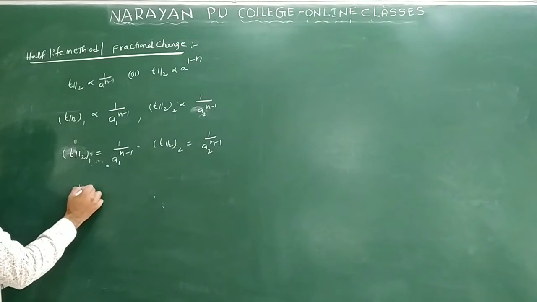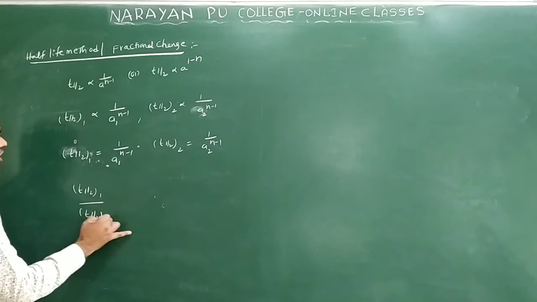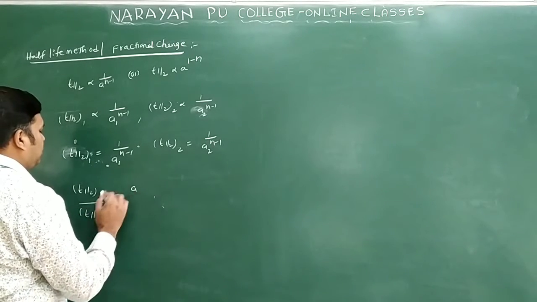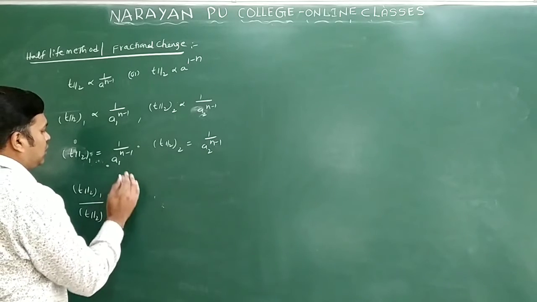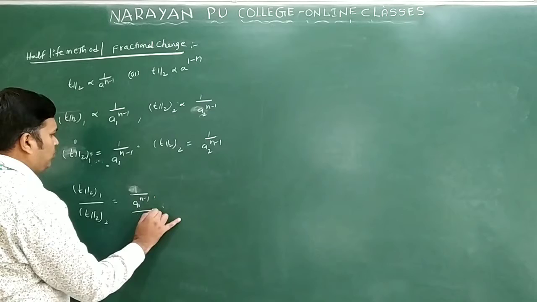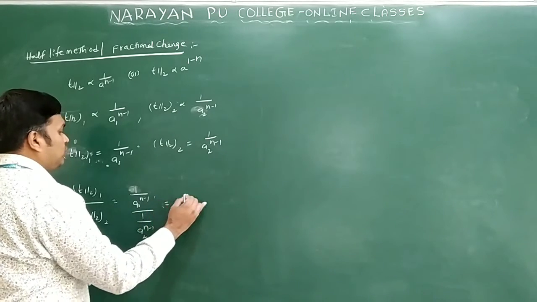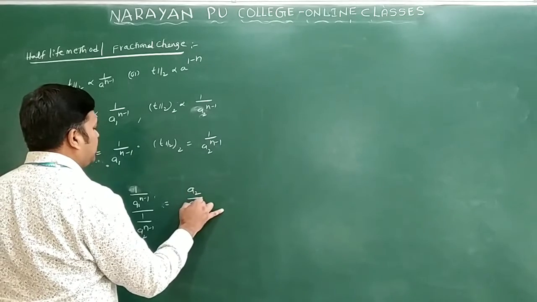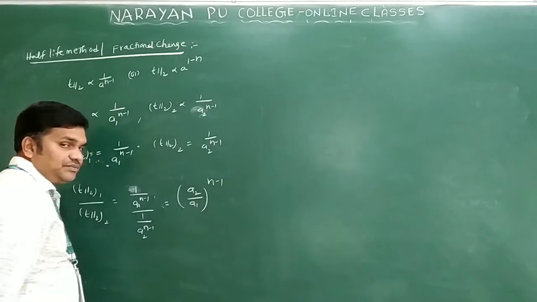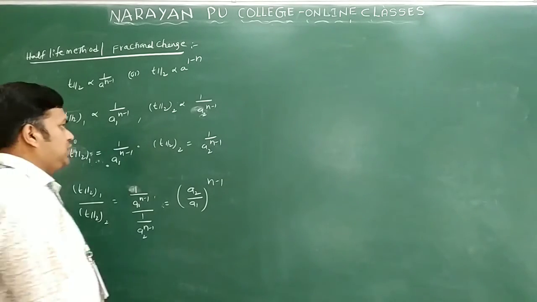Now, t1 half by t2 half is equal to 1 by A1 whole power n minus 1, divided by 1 by A2 whole power n minus 1. From this I get A2 by A1 whole power n minus 1.